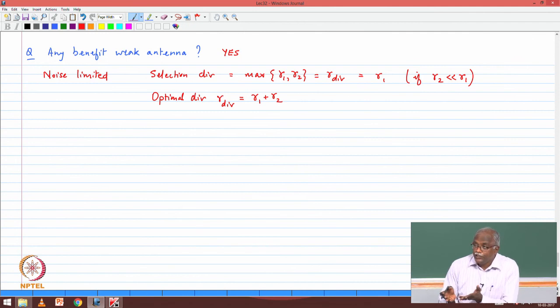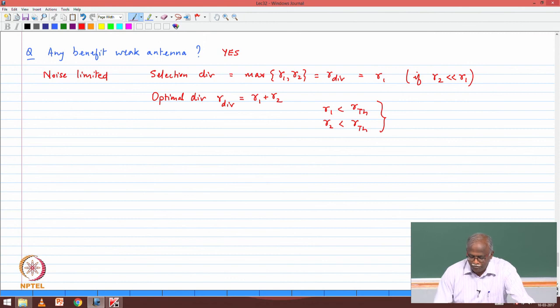Now, this has a huge implication, because let us consider the scenario that gamma 1 is less than gamma threshold, and gamma 2 is less than gamma threshold. What would selection diversity have told you? You have no hope. Both antennas are out, you are in a fade. Selection diversity says you are in a fade, no chance, nothing to do.